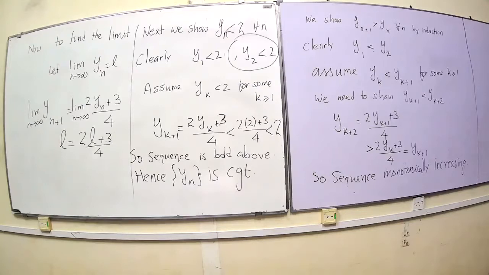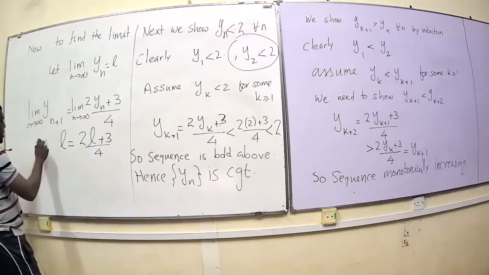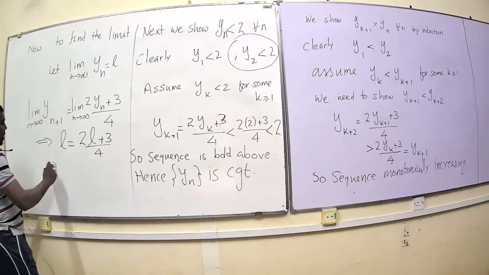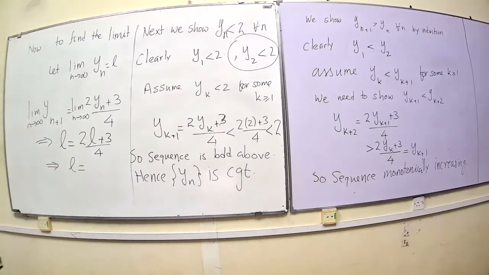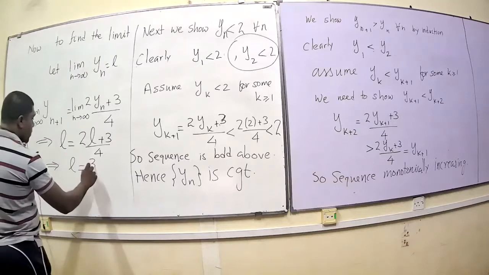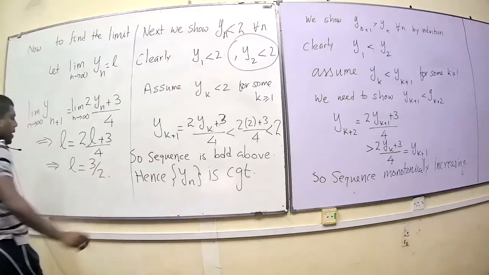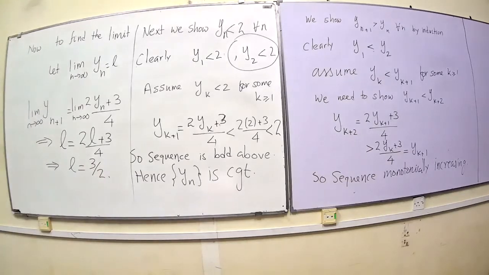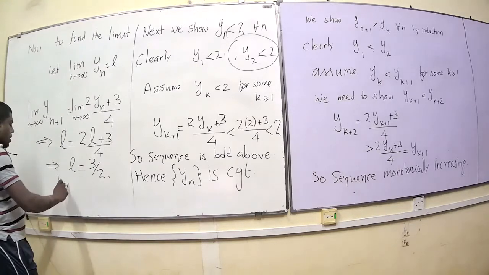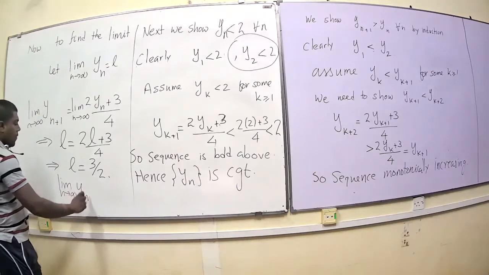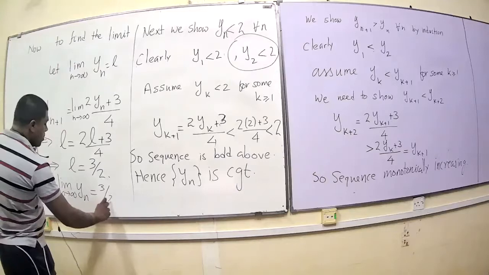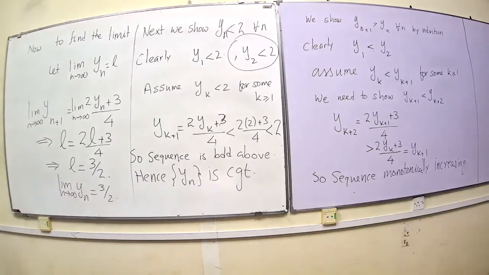From this, you can find L. Right? So this gives you L is equal to 3 over 2. So therefore, the limit as n goes to infinity of Yn is equal to 3 over 2.